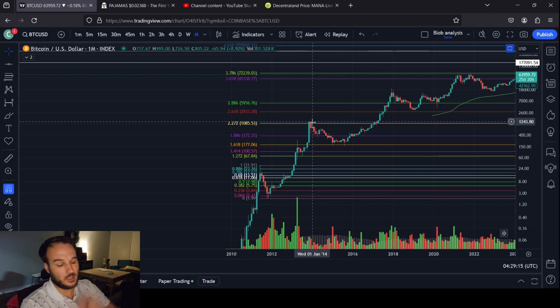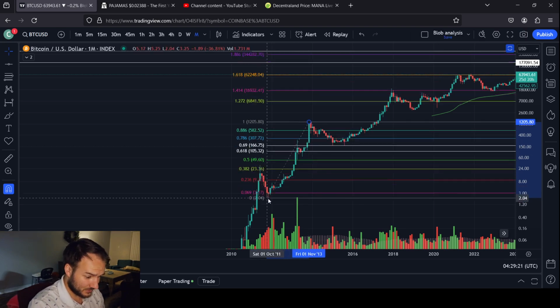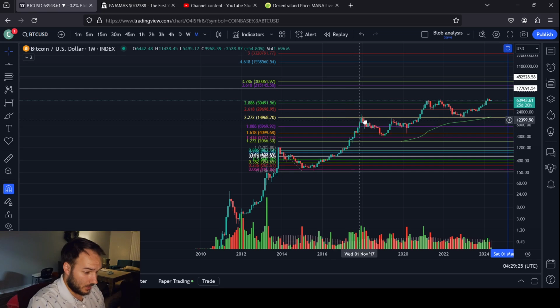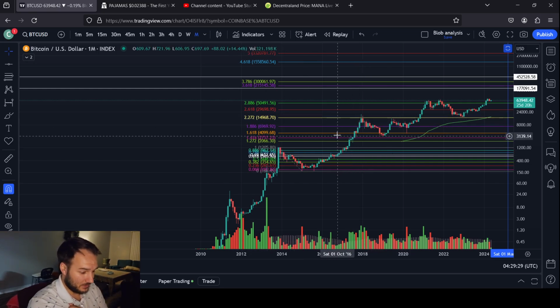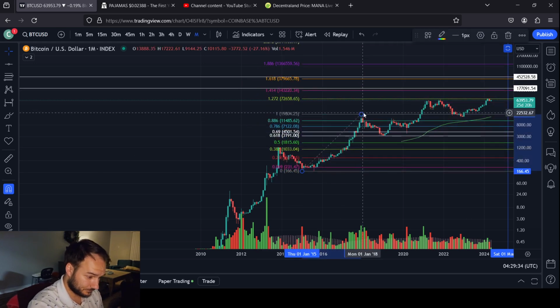In fact, just a little bit above it. If we move this same thing over to the all-time high, and instead of this cycle low, we take it to this cycle low, our next all-time high came in again just above the 2272. That's a repeat right there. 2272 two times in a row.